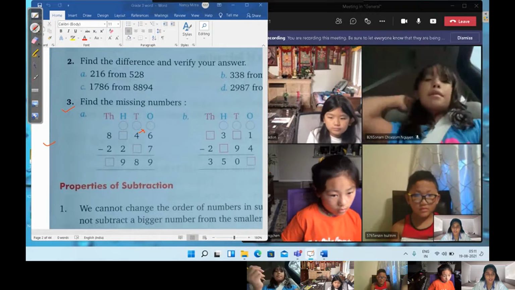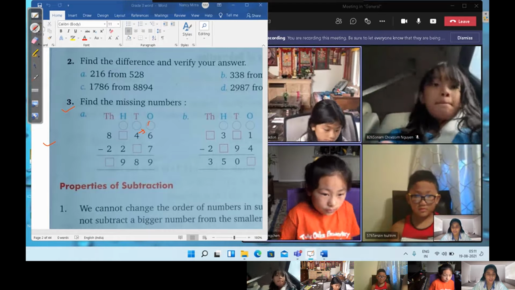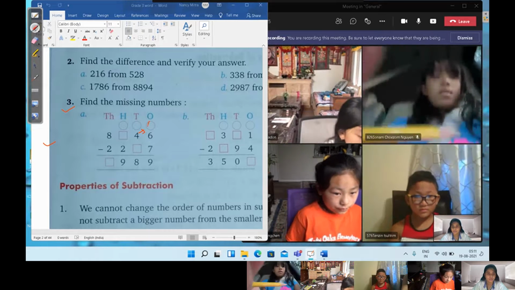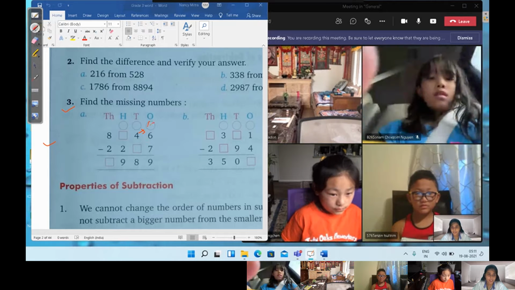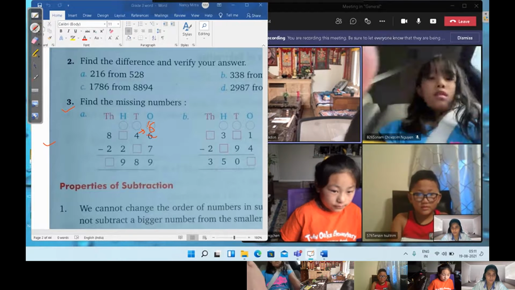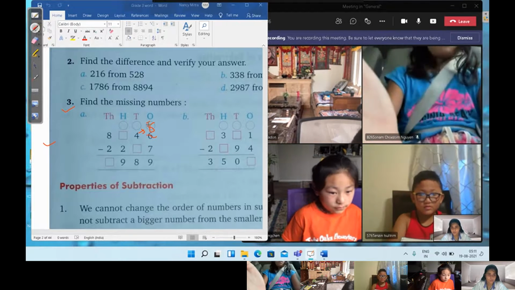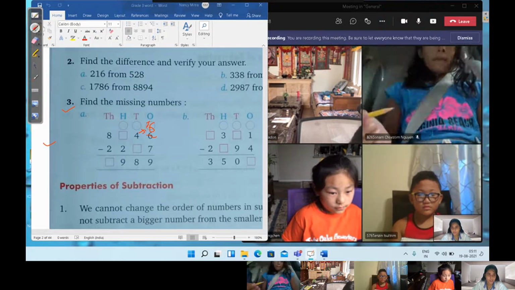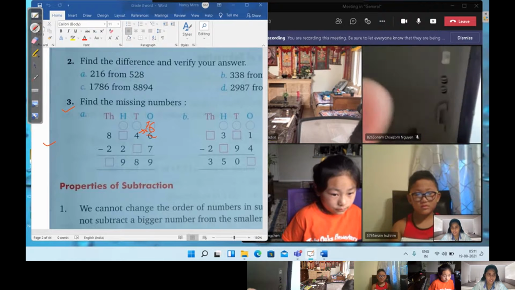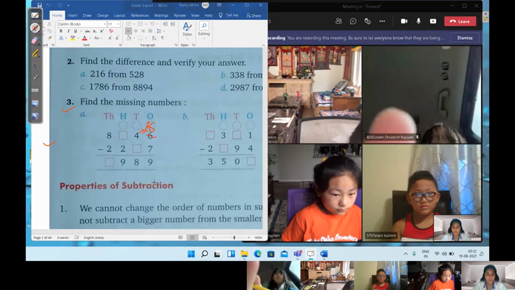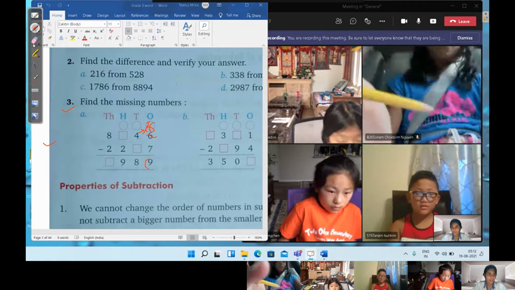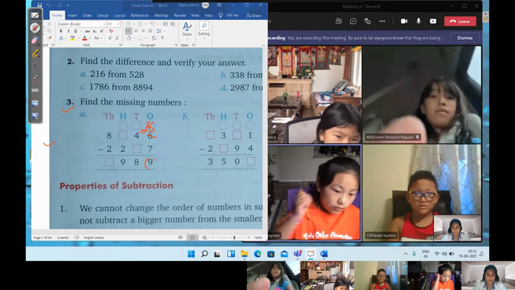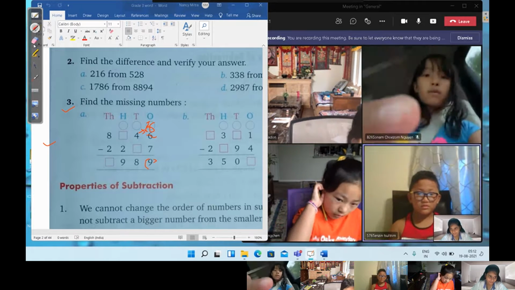We have to take carry 1, which is 10. So now we have 16. Now we have to remove 7 from 16. Tell me what we get. We get 9, not 19.